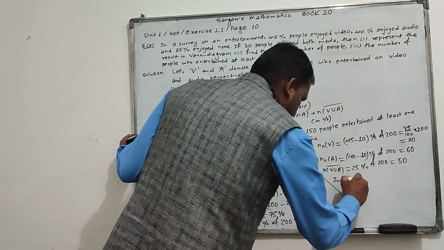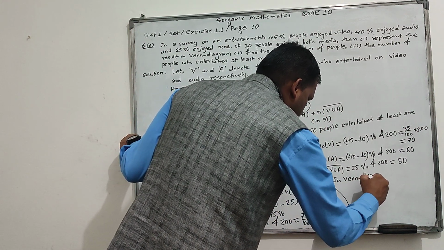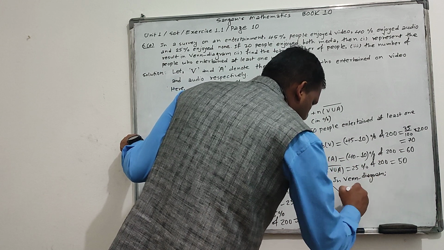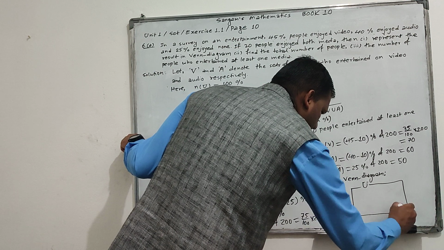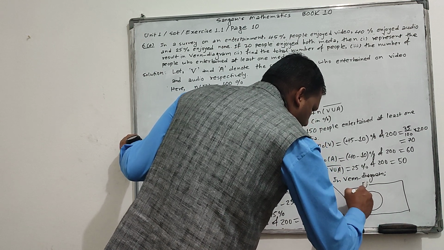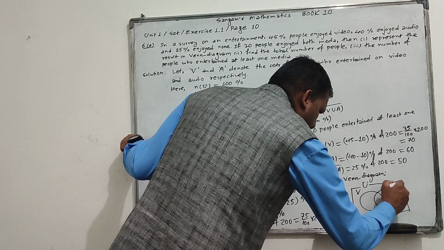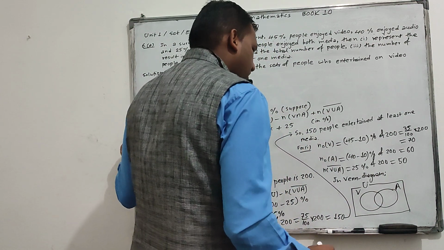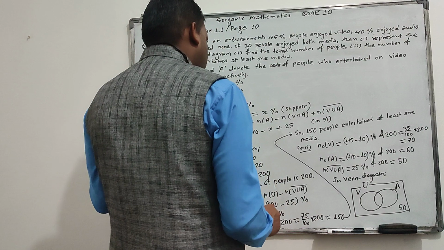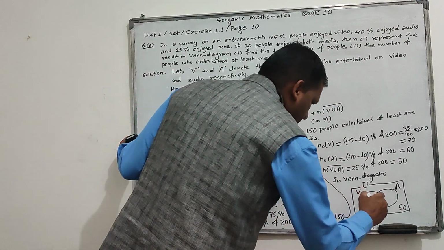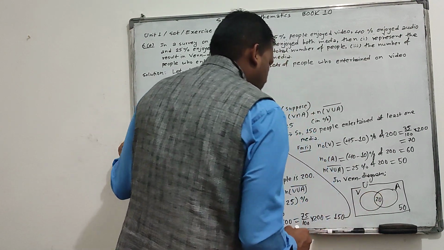In the Venn diagram, this is U, and this is B video and A audio. Complement data is 50 over here. Intersection data is 20 here.